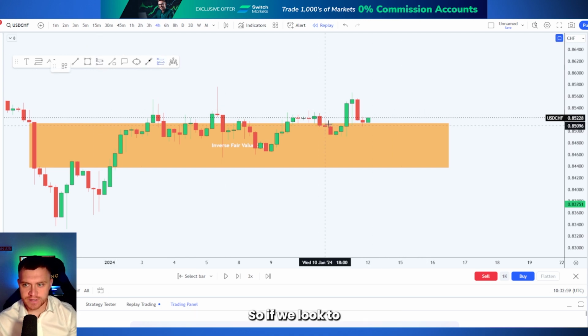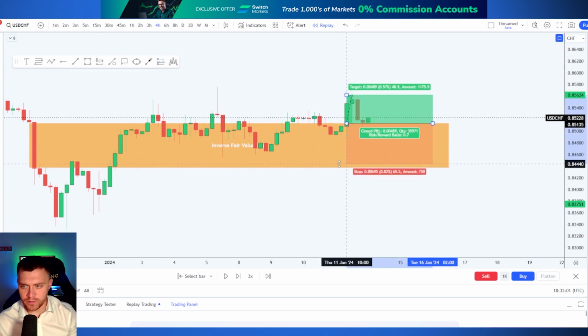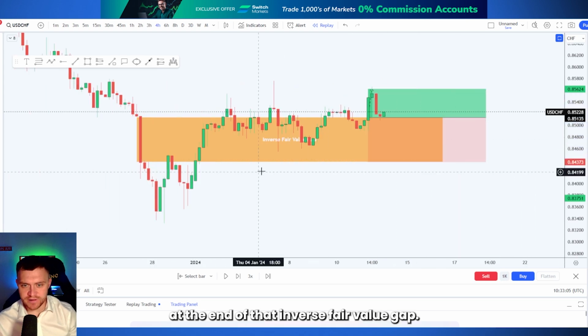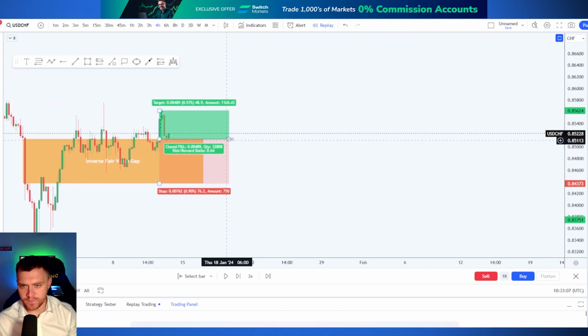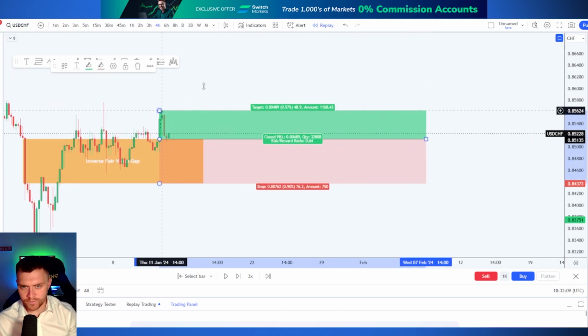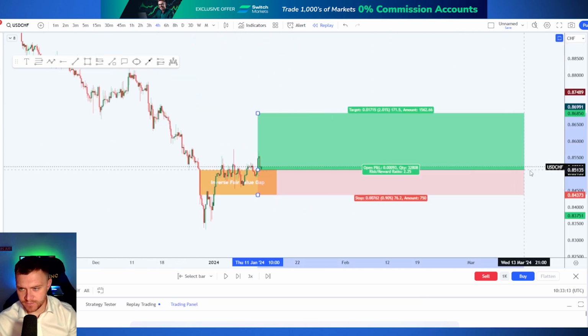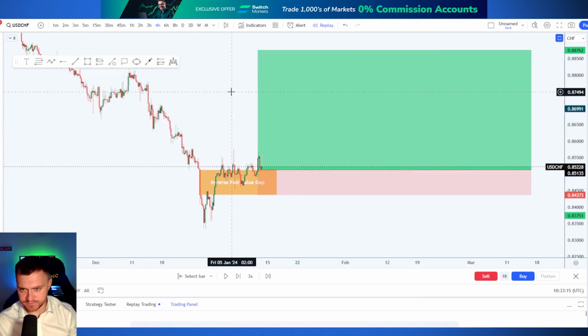So if we look to go long with a stop loss at the end of that inverse fair value gap, and we look to try and play this market higher, let's have a look what happens.